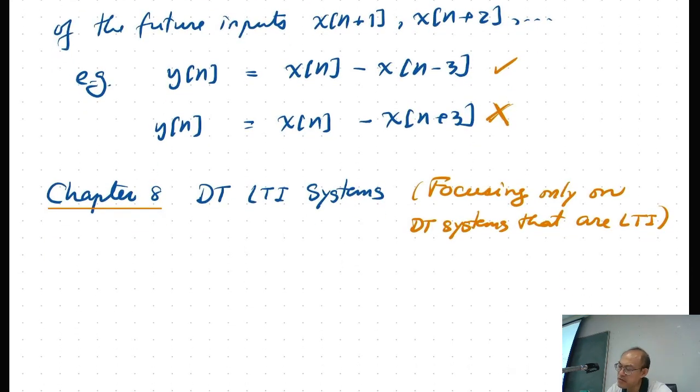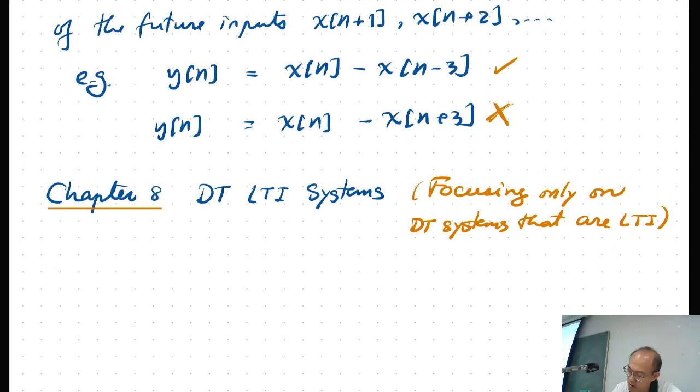Now, if you recall, when we talked about linear time invariant continuous time systems, the way we dealt with those systems was we defined something called the impulse response. Now, the same idea applies to discrete time linear time invariant systems as well. So we're going to define something called the impulse response of a discrete time linear time invariant system.